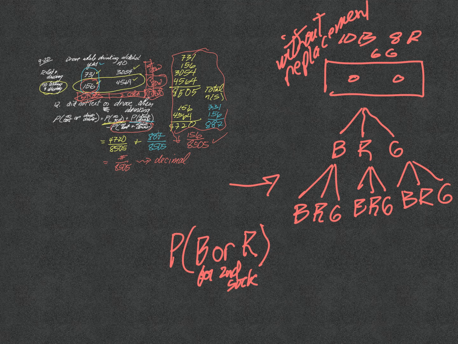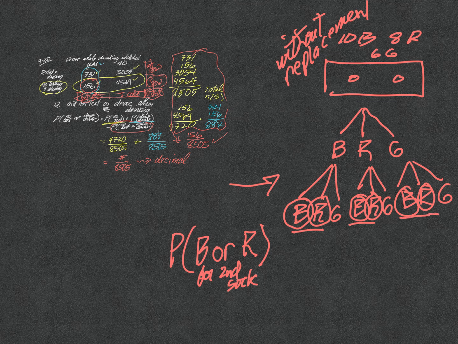So we'll talk about how to label these tree diagrams in a moment. Well, I might do it now. But to get a blue or a red for the second sock, well, I could get a blue or a red here, could get a blue or a red here, and I could get a blue or a red here. So it's this one, or it's this one, or it's this situation.